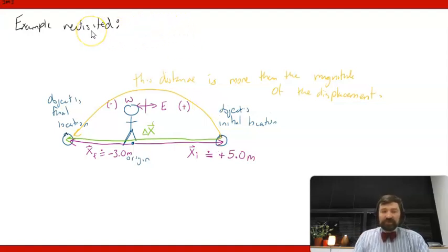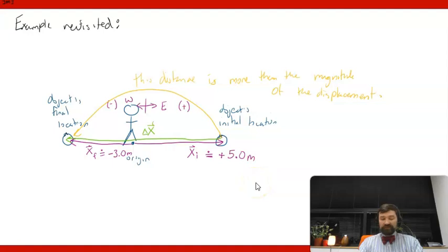So if we wanted to put some numbers to this particular example, if this arc is, let's say, circular, so it's traveled through half a circle of arc to get from here to here, then the distance traveled is not just 8 meters, it's the circumference divided by 2, which would be 8 meters times pi divided by 2, the diameter being 8 meters.